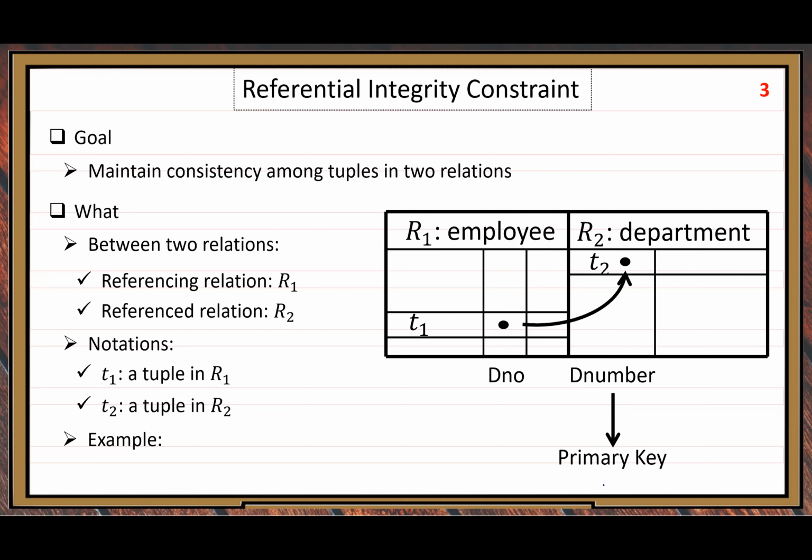The D number you find in R1 for this particular T1 tuple must refer to some primary key value somewhere in the R2 table. So that kind of relationship. And we denote that field as a foreign key. Now you understand this concept, foreign key.